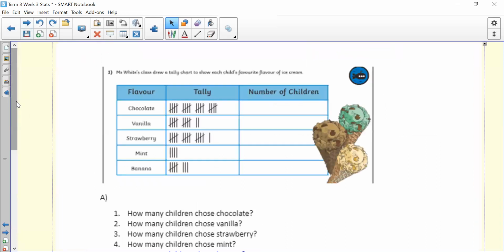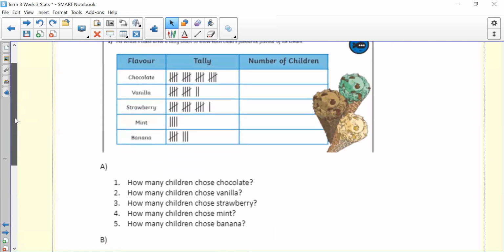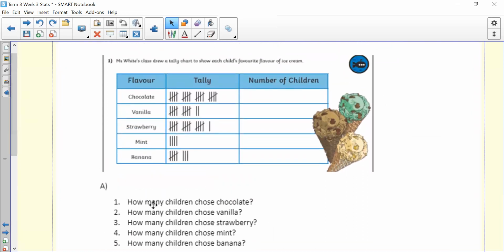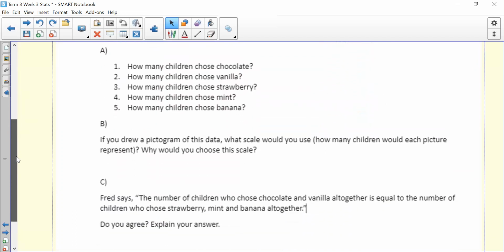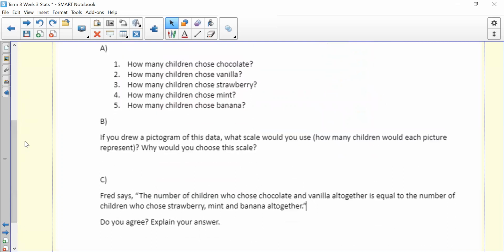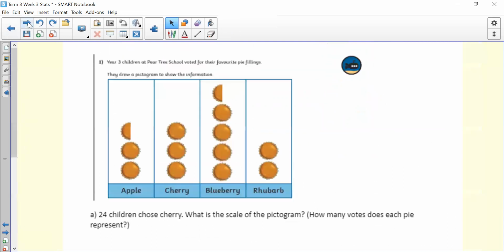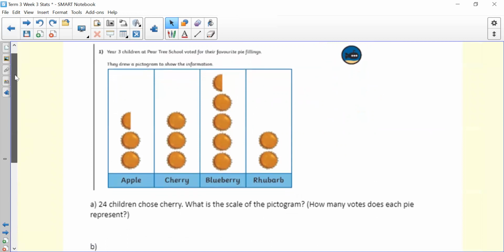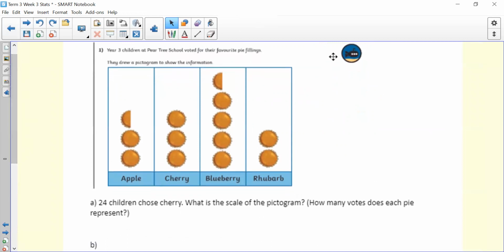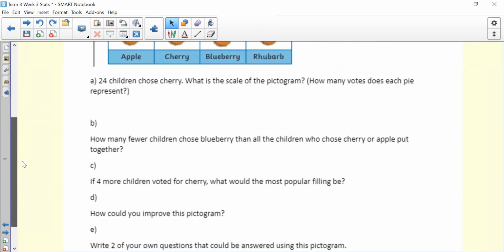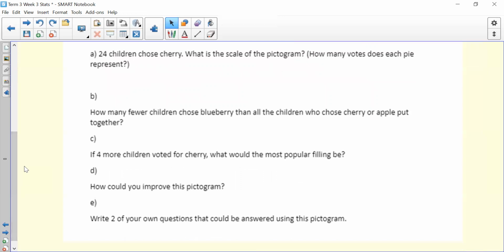Okay, now the next level. So there's your pictogram, your tally chart. So pause that there. Okay, and then those are your questions. So pause that there. And finally, deepest dive. Okay, there's your pictogram. Pause that there. And those are your questions.